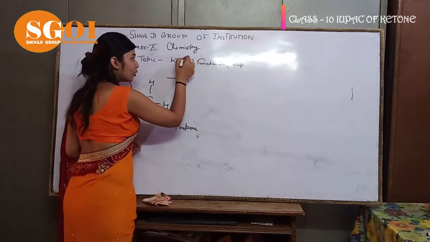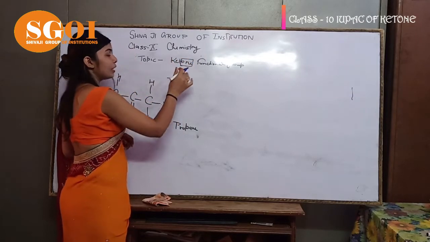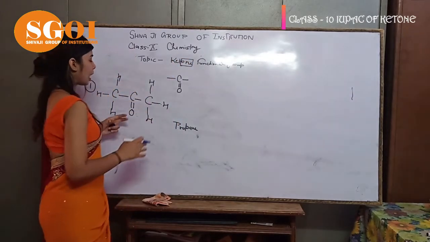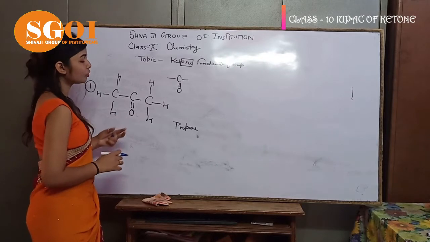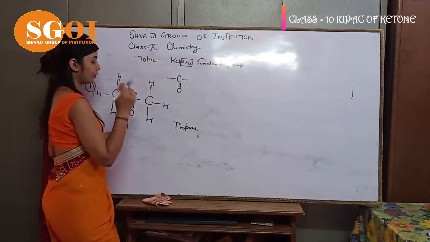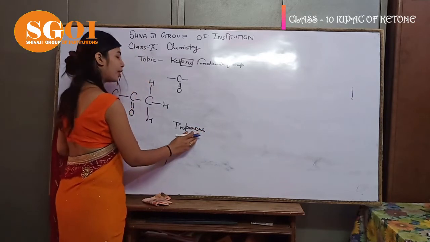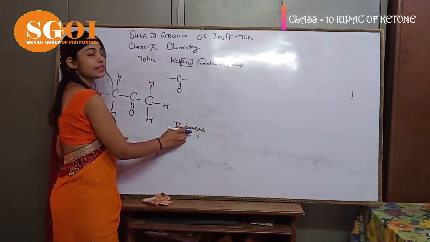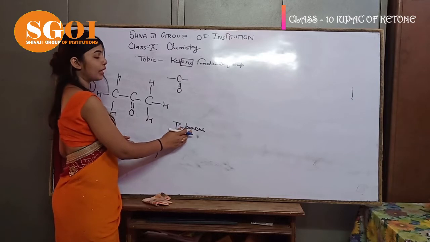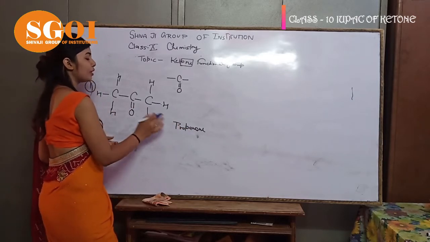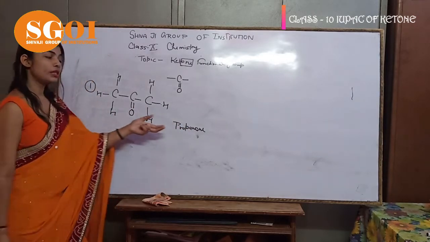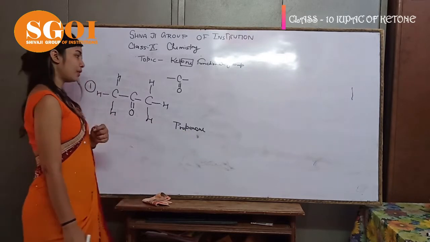The last 3 letters of ketone, ON, are used in IUPAC of ketone functional group. When we add ON, E is removed from the parent alkane. So the IUPAC name of this organic compound is propanone.